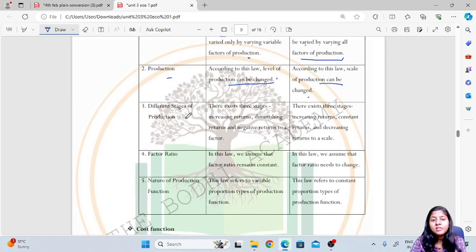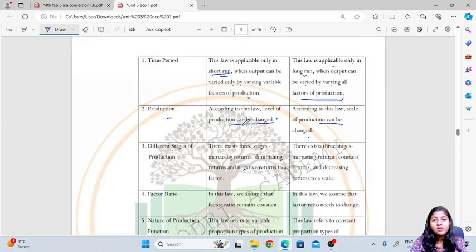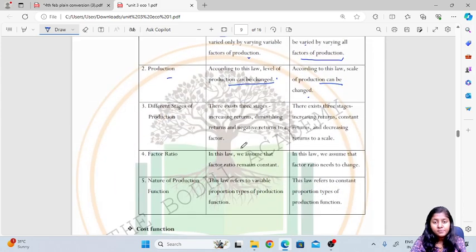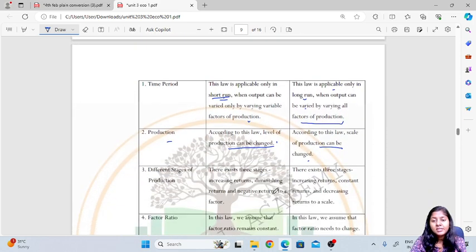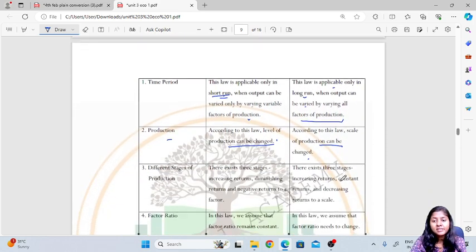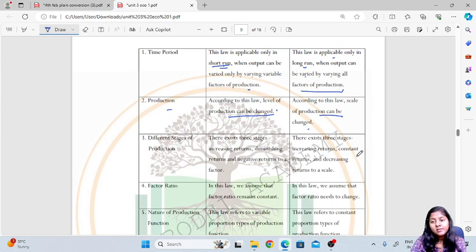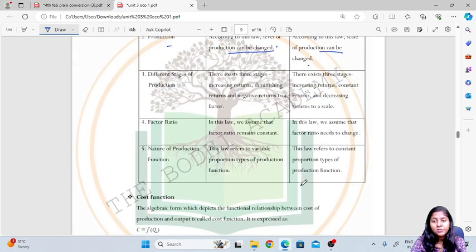Then the different stages of production. There are three stages in returns to a factor: increasing returns, diminishing returns and negative returns. With regards to returns to scale, there are three stages: increasing returns, constant returns and decreasing returns to scale.